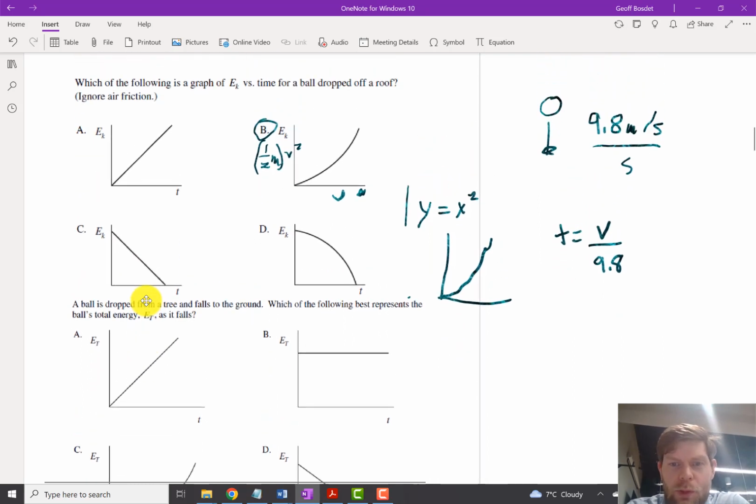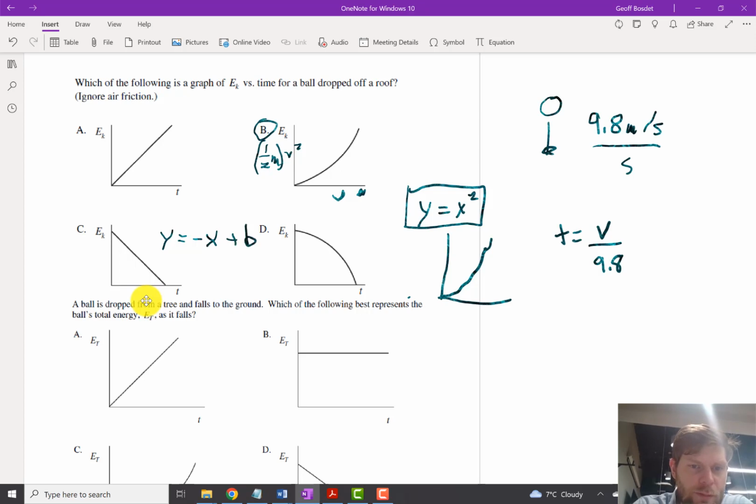Know your graph shapes. They're useful for stuff like this. This other one I don't know if is a thing. This is just y equals some negative value times x plus some y-intercept. And this is just y equals x.